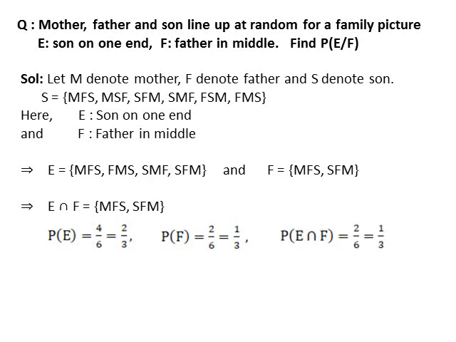And probability of E intersection F equals favorable outcomes of E intersection F, that is 2, by total outcomes, that is 6, and 2 by 6 equals 1 by 3. By definition of conditional probability, probability of E given F equals probability of E intersection F upon probability of F. It equals 1 by 3 upon 1 by 3 equals 1.